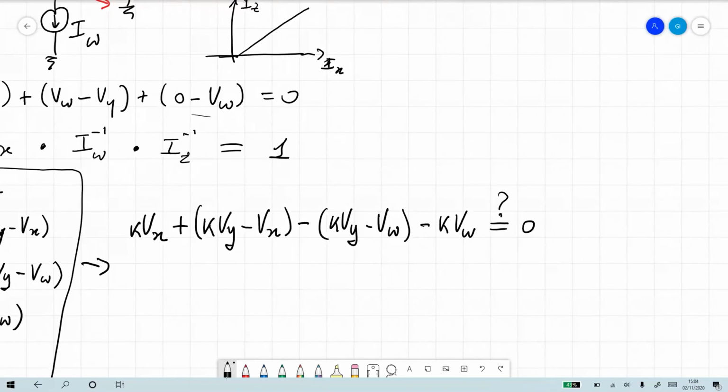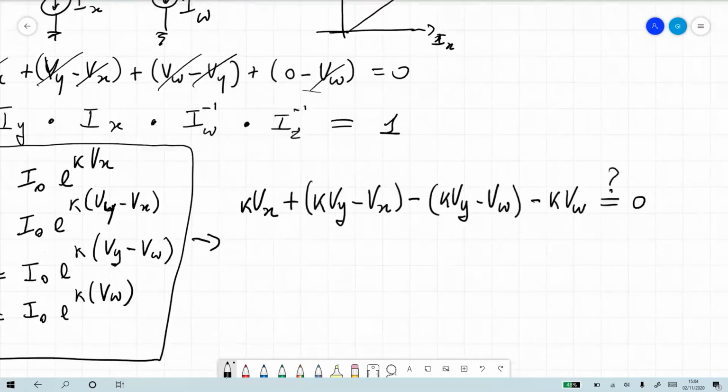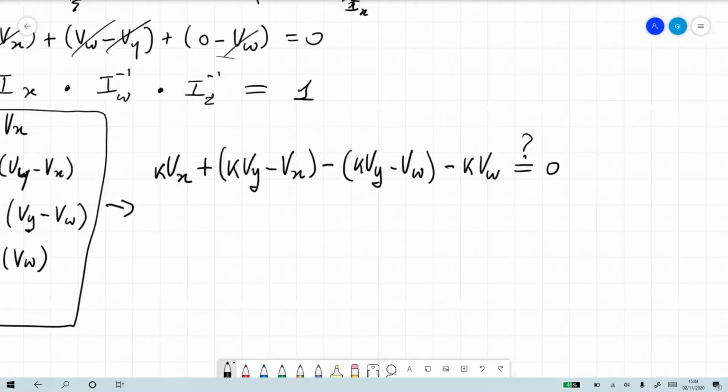It's not. In the other case, you could see it, Vx and Vx go away, Vy and Vy go away, and Vw goes away. So 0 equals 0. Assuming kappa is equal to 1, it's like that. But in this case, you get that kappa Vy and kappa Vy go away.